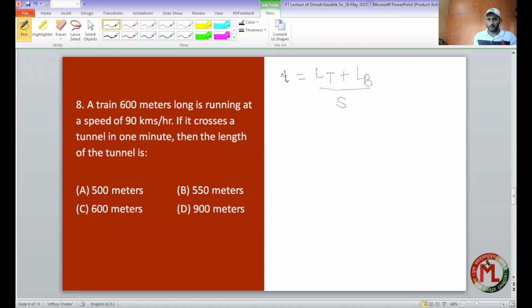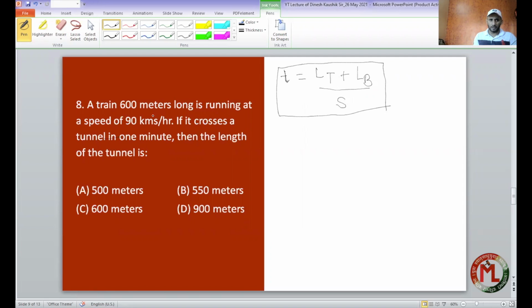This is the formula. Time taken by a train of length LT to cross a tunnel, platform or a bridge of length LB will be equal to the length of the train plus the length of the bridge divided by the speed of the train.